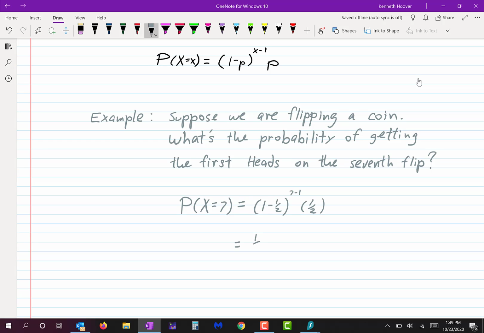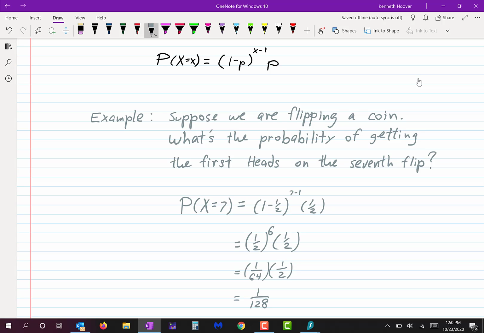That's going to be a half to the power 6 times a half, which, I know, is a half to the power 7, but I'm just going to keep them separate. Okay, so that's 1 over 64 times a half. So that's 1 over 128.